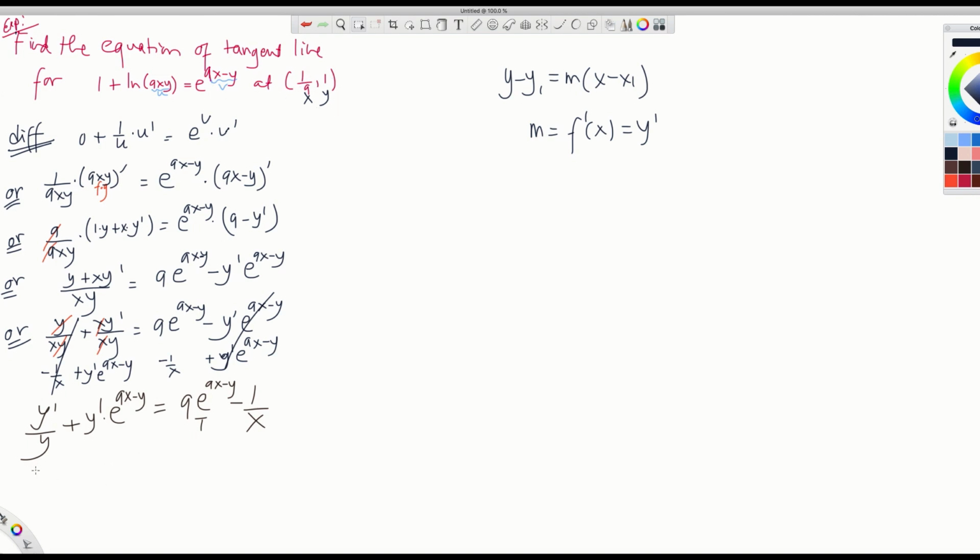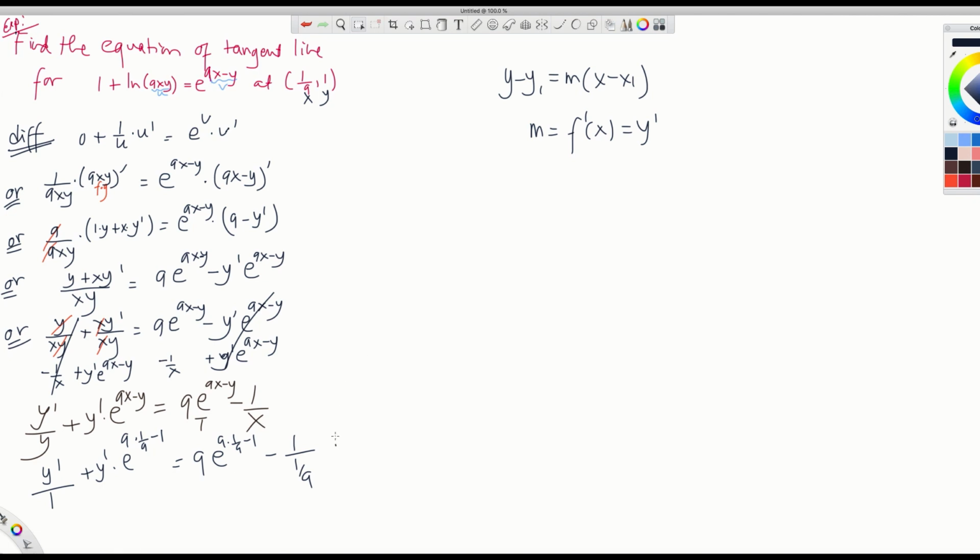Okay, so that is y prime over y is 1 plus y prime times e to the 9 times 1/9 minus 1, right? Because x is 1/9, equals 9 e to the 9 times 1/9 minus 1 minus 1 over 1/9. You see that?